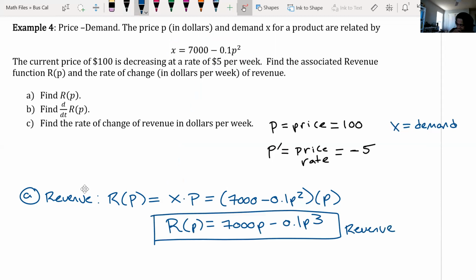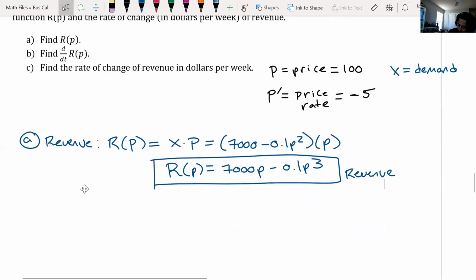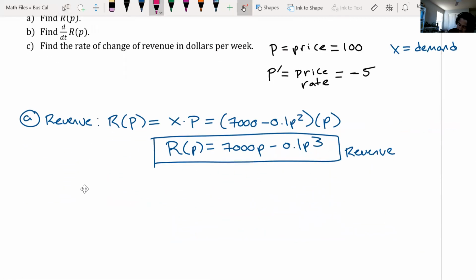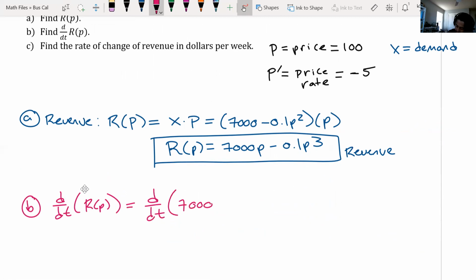This is our revenue function, which means in B, since we found the revenue function, we're now going to take the implicit derivative of that function. So B, we're going to say d over dt of R of P equal to d over dt of 7,000 P minus 0.1 P cubed.